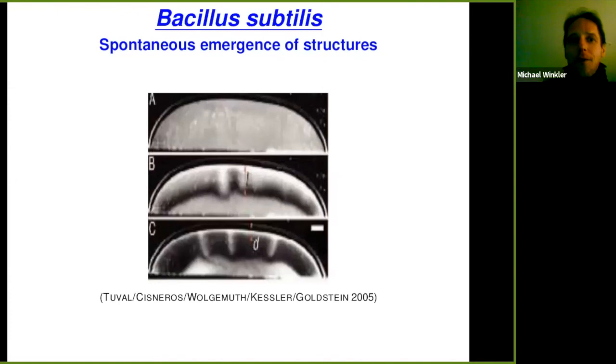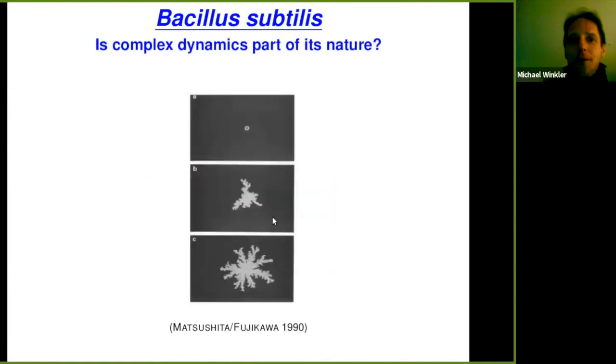But even without fluid environments, even without liquids, even without water, this Bacillus subtilis can do amazing things. You see here a typical Petri dish situation from 1990. You see the Petri dish viewed from above, and you see these bacteria.